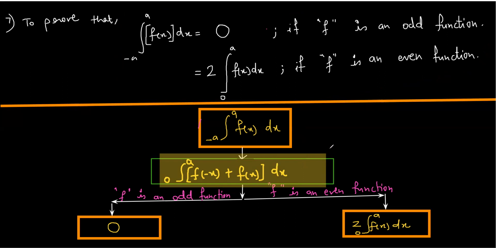What is the goal? We will begin with this and we will first prove that this is equal to this. Once I achieve this relation, whatever relation I want, I'll be able to prove. So the proof now starts.